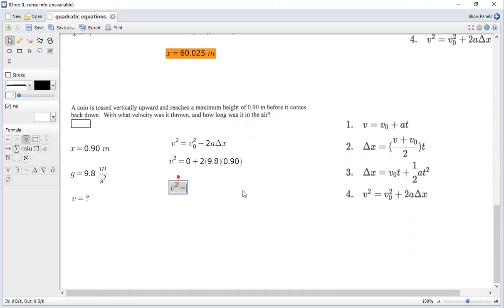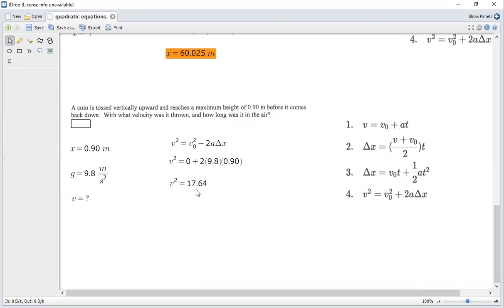Remember, this is multiplication. 0 plus 2 times 9.8 times 0.90. 17.64. You got the same, Diego? Yes. Okay, now, how can you eliminate this power of 2? Square root.